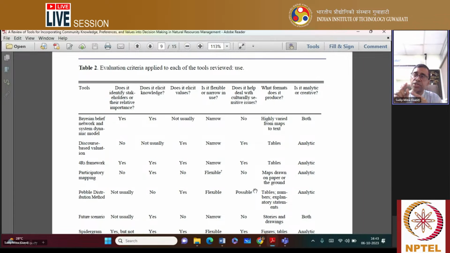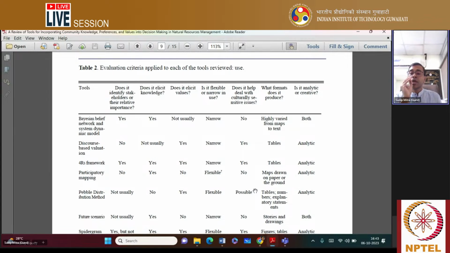The relationship between that particular natural resource and the surrounding community will be the driving force behind the selection of the right tool for your decision making process.